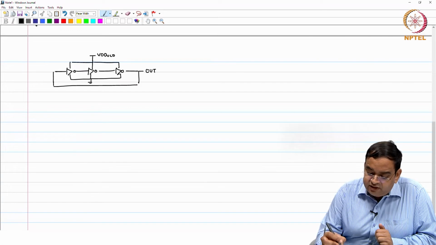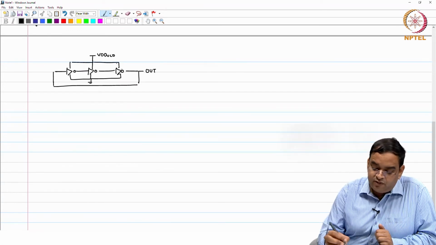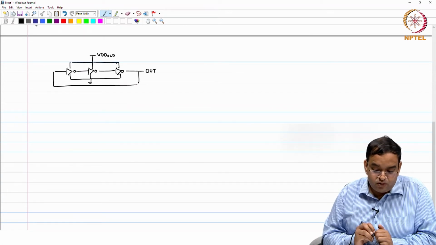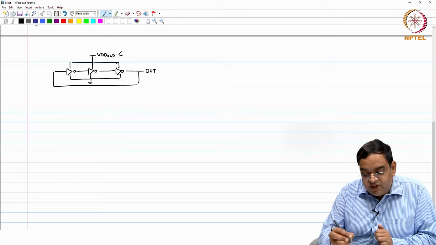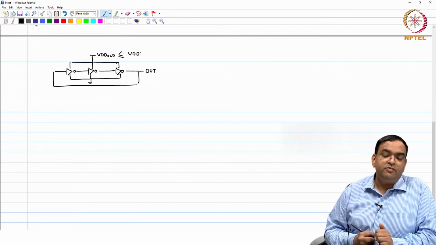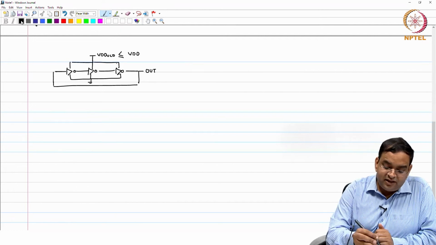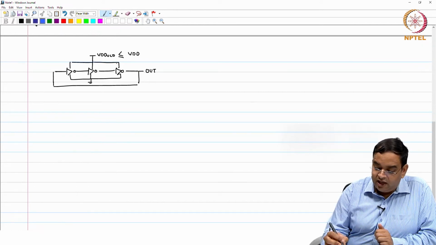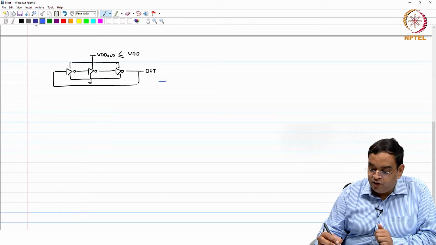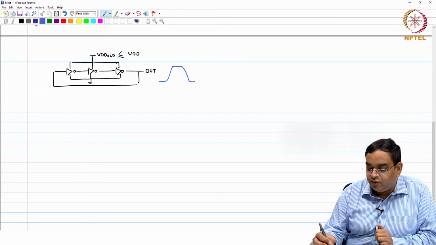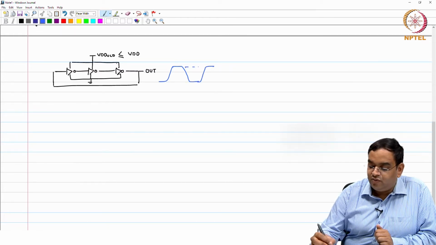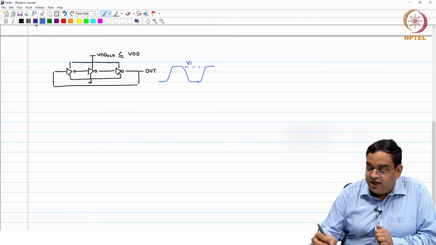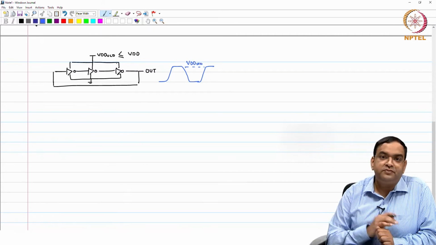So, this out signal, if your supply of the inverter is VDD VCO, which is going to be always less than or equal to the VDD in a given process, then the out signal is not going to swing more than VDD VCO. So, the swing at the output signal is going to be limited by VDD VCO.